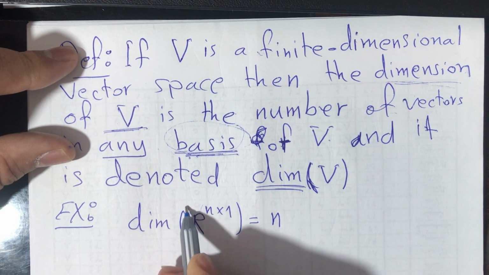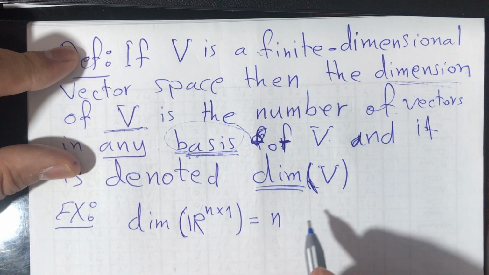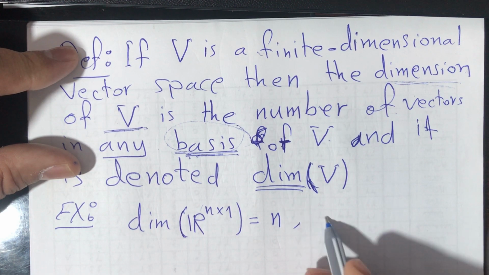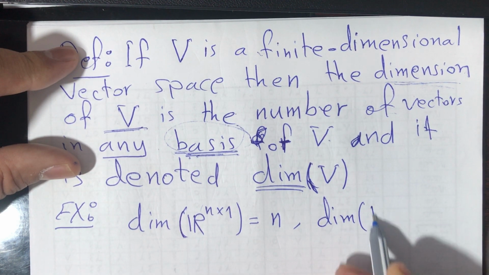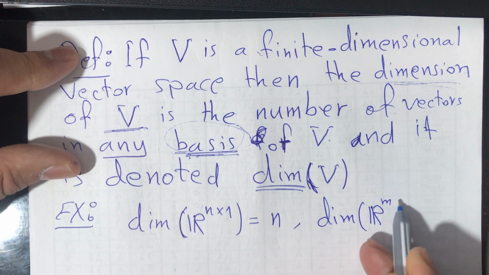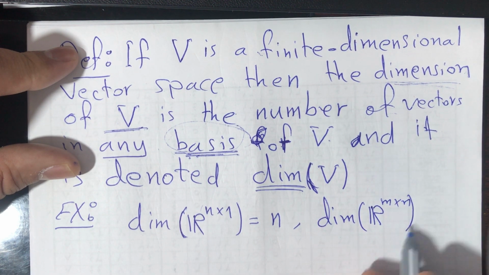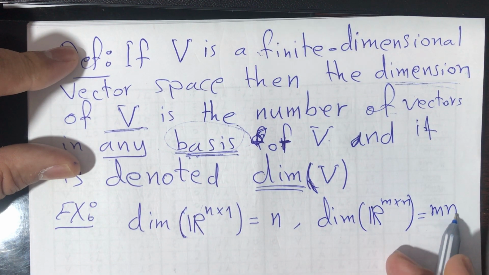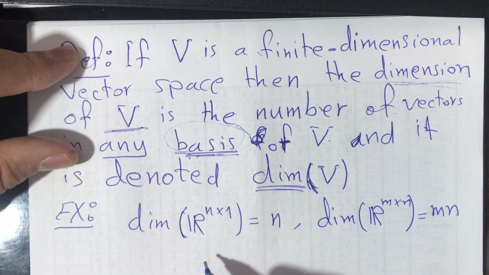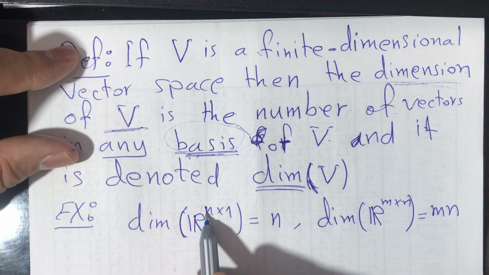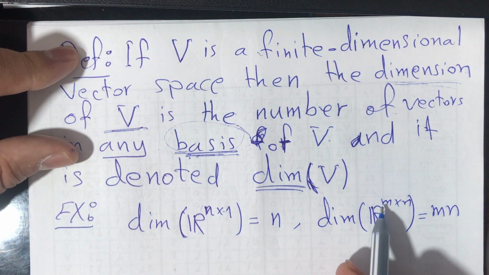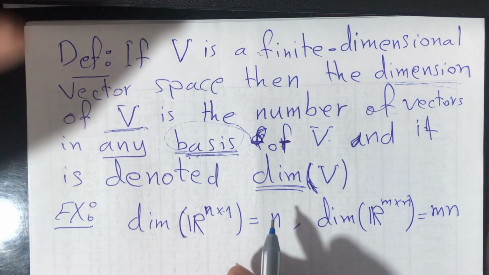And the dimension of R^(m×n) is equal to mn. This is n times 1, which is n, and here n times m.